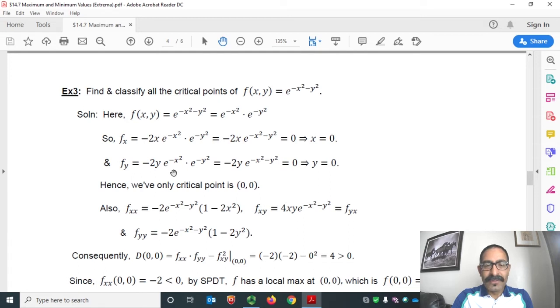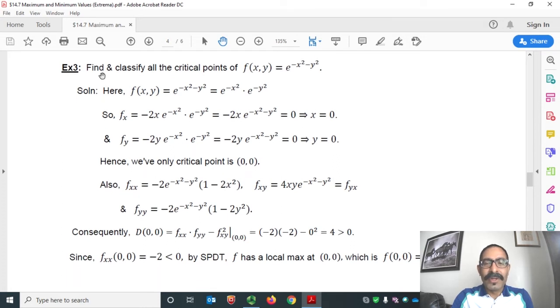Use the chain rule to find the derivative, but keep in mind that when you take the partial derivative with respect to y, we keep x constant, and earlier, when taking the partial derivative with respect to x, we kept y constant. Set fy equal to 0, solve, and it gives us y equals 0. By the way, the exponentials cannot be 0, so the only possibility is this term equals 0, that's why y is 0, and similarly x is 0. So we have only one critical point, (0, 0), the origin.